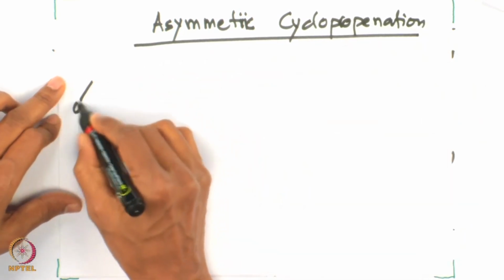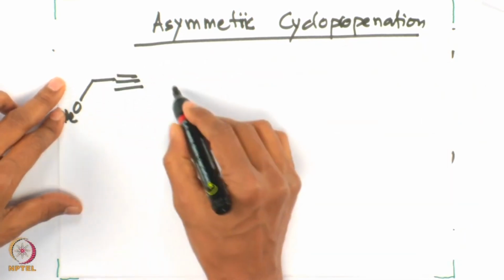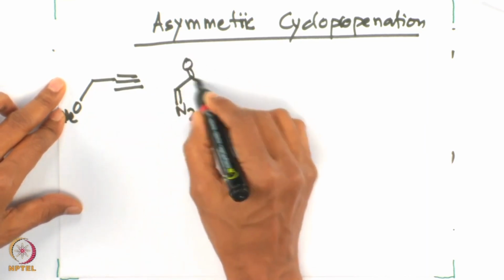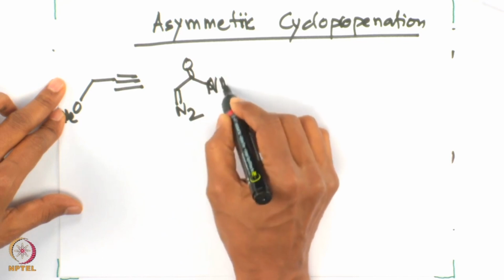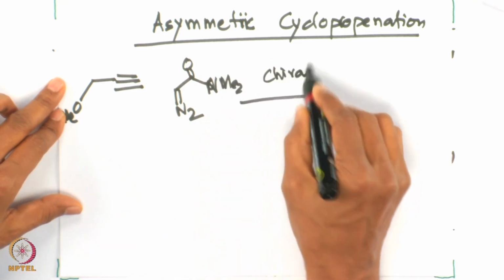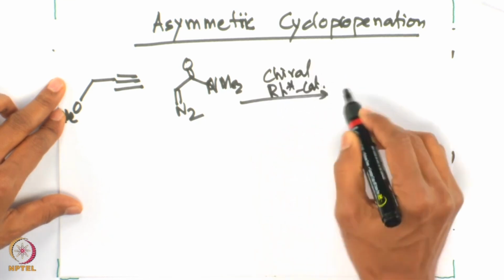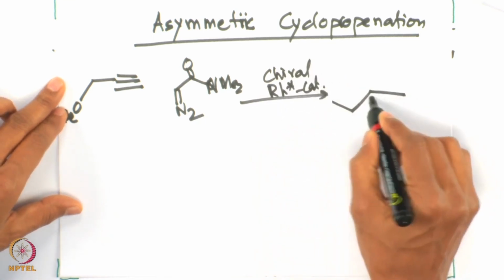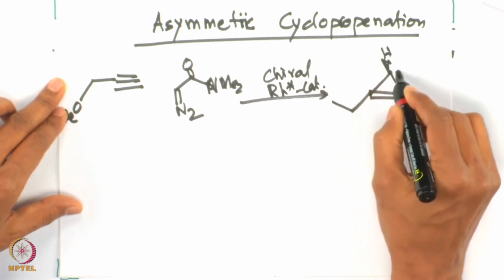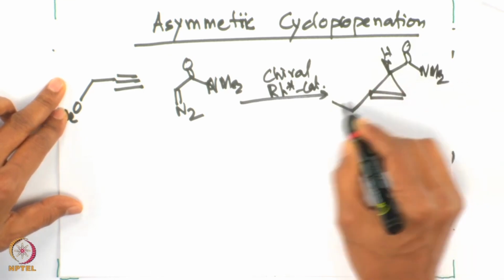The reagents we need are an alkyne and, let us say for example, a diazo ester, or rather amide, and a chiral rhodium catalyst, which in this case is used to give the cyclopropene. I hope you can appreciate this method for cyclopropene synthesis.